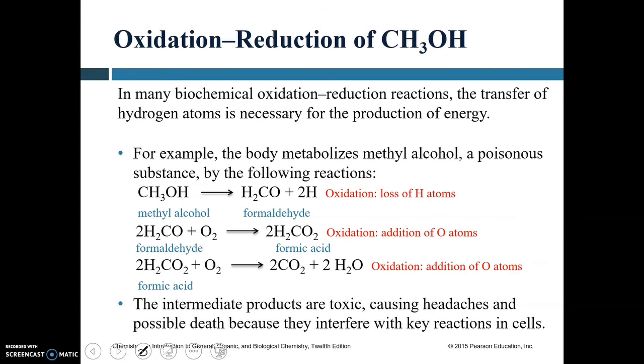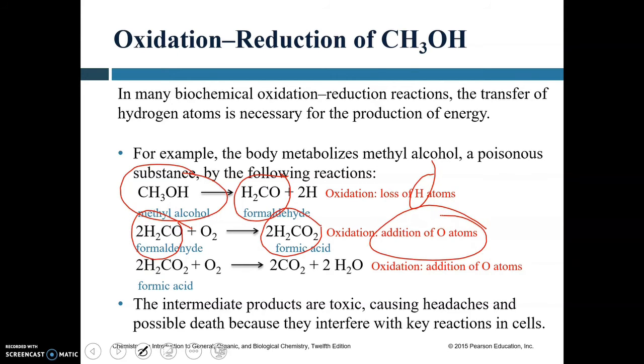In many biochemical reactions, hydrogen atoms have to be transferred between molecules as well. In this example, when methyl alcohol is oxidized to formaldehyde, methyl alcohol loses hydrogens. When formaldehyde is converted to formic acid, formaldehyde is oxidized via the addition of oxygen atoms.